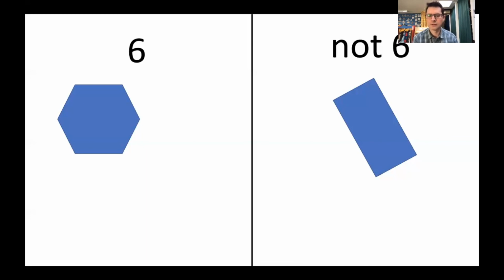A rectangle only has 4. So a rectangle does not represent 6. Do you think you can find anything? You do? Brilliant. Press pause and come back when you've made your table of 6.